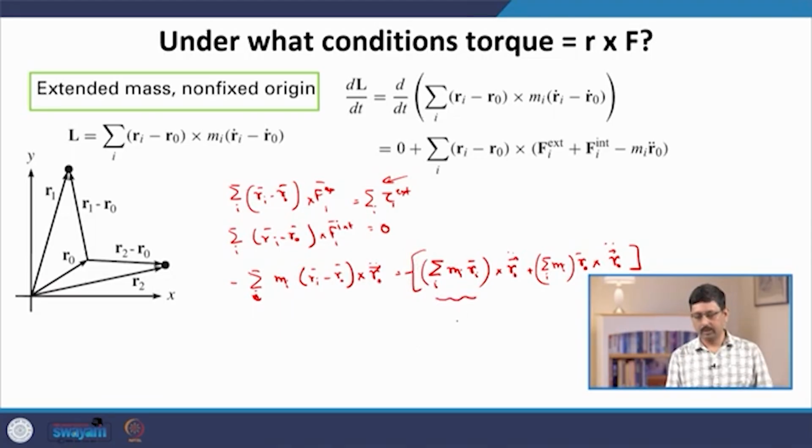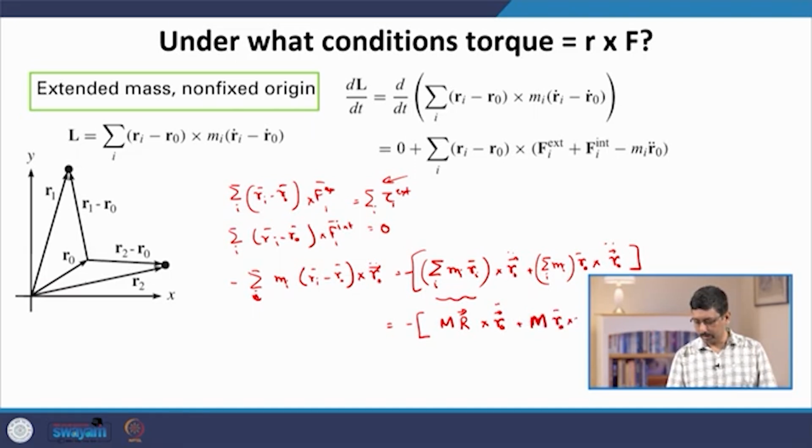In this case, if I recall the center of mass definition, this one is nothing but the total mass of the system times the position of the center of mass, and the second term is nothing but the total mass of the system times r_0 cross, so this is a minus sign.